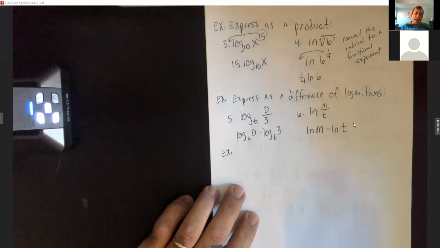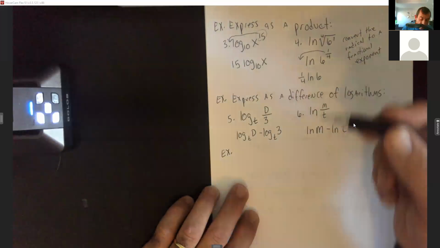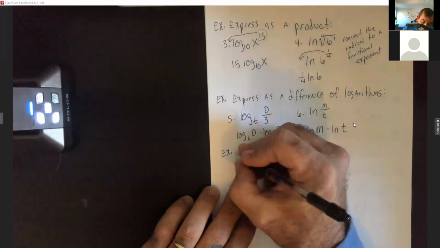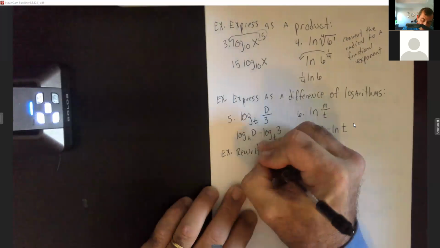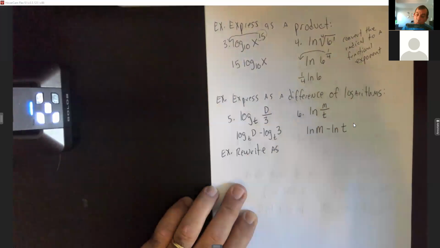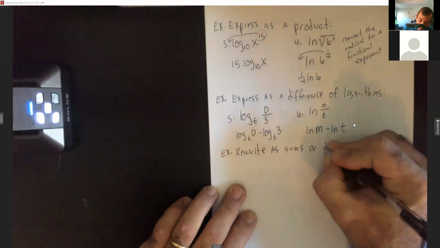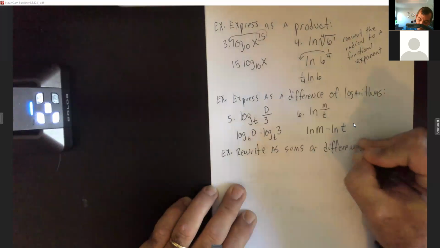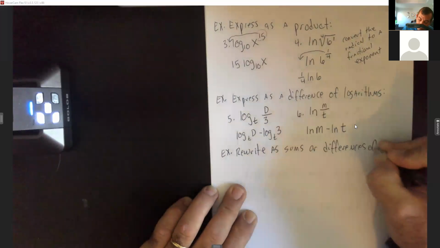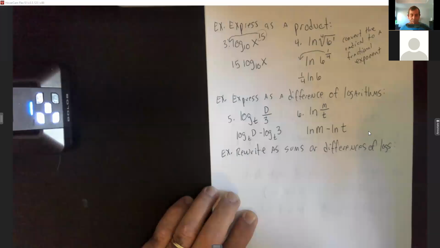All righty, so now that we've done those, they want us to rewrite as sums or differences of logarithms.